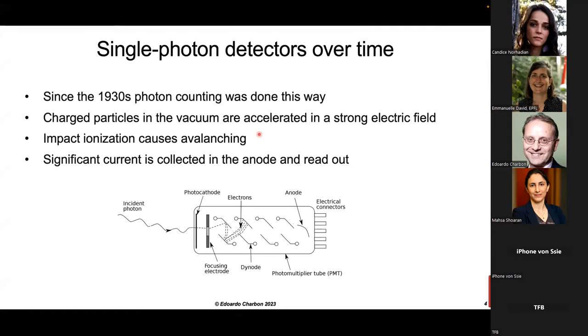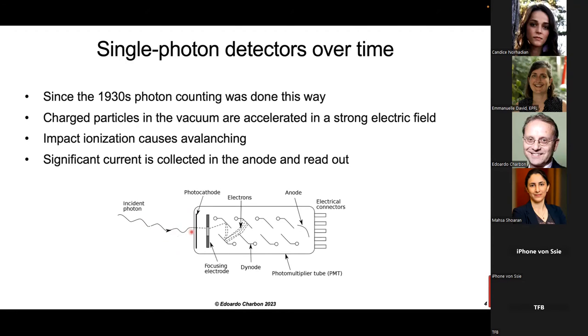So I'd like to start with solid-state photon counting, and I'd like to tell you something that most of you probably know already, which is the fact that single-photon detectors have been around for some time, at least from the 1930s, where photon counting was done using tubes, essentially tubes in what are known as photomultiplying tubes, or PMTs.